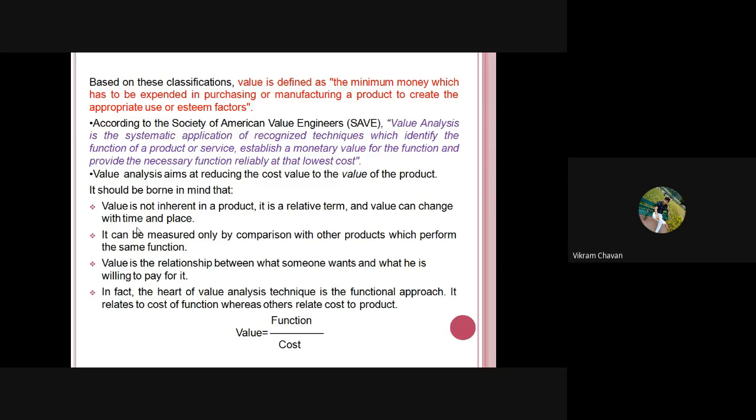Esteem factor means the attractiveness of the product. Appropriate use or esteem factors. Full stop.